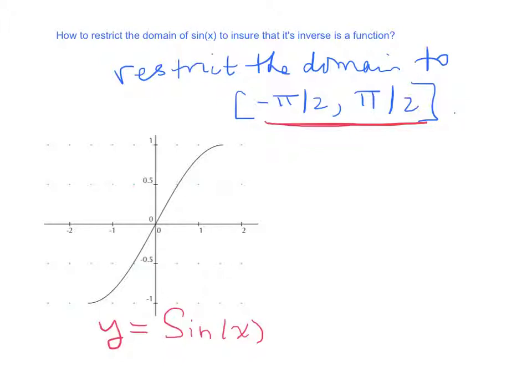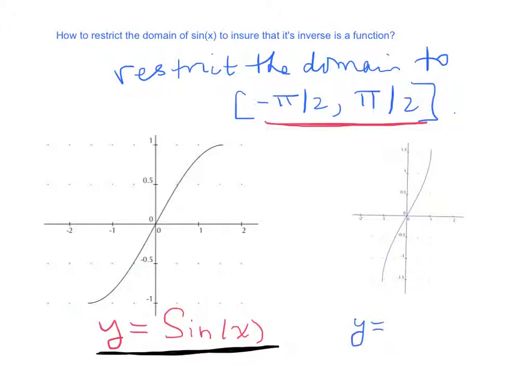So this particular function, y equals principal sine of x, has an inverse, and the inverse will be as follows. The inverse of this function is this function. This is the inverse of principal sine, and we name it with a capital A to indicate that it's the inverse of the function principal sine.